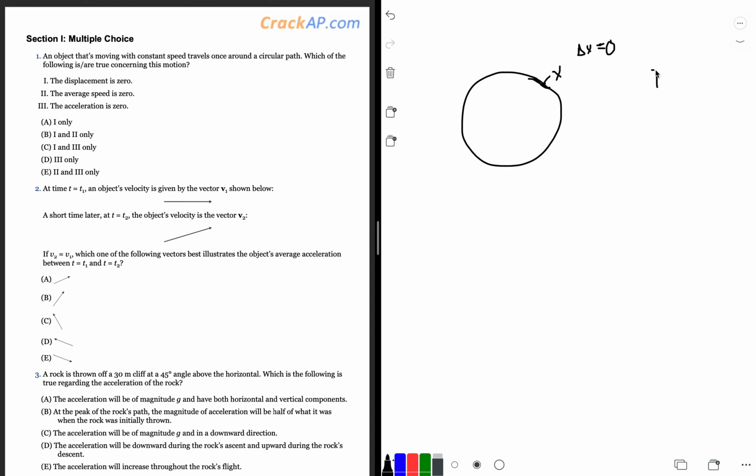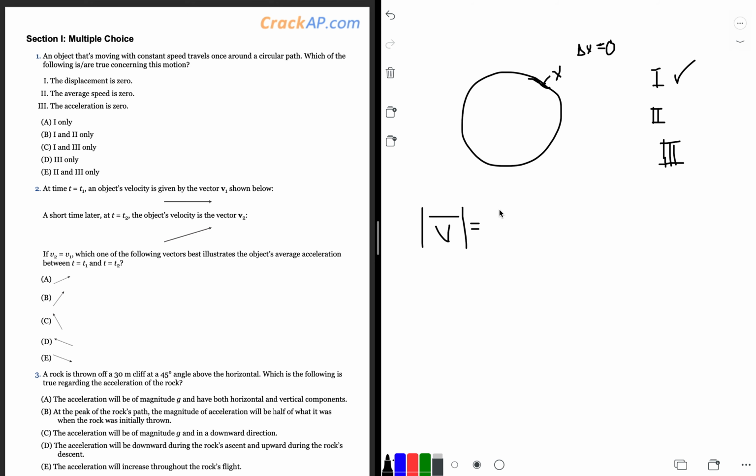So we could say this. Forgive me if I'm getting used to the drawing on this. Okay, so we know that that's true. The displacement is 0. The average speed is 0. We know average speed is, what's it called? The absolute value of the average velocity is the average speed.